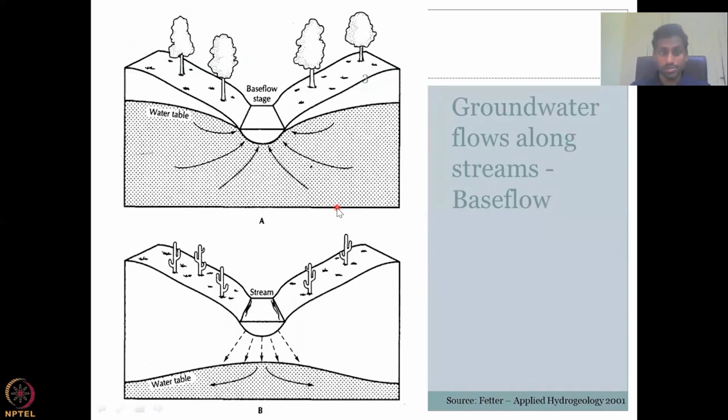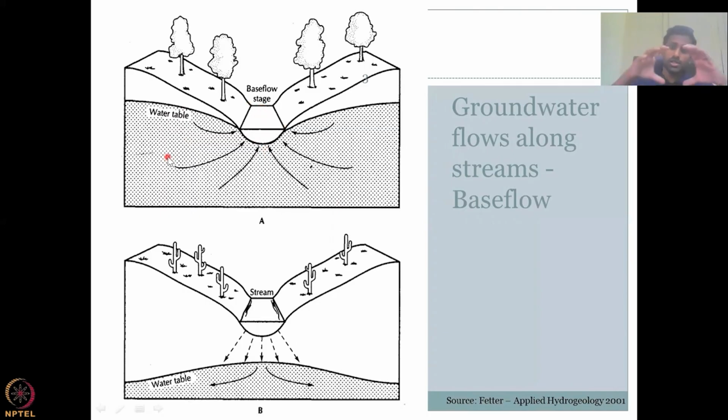Let's look at the base flow concept. This is what I wanted to continue from last lecture. So your water table, which is the height of your groundwater level, has porous media. You see it in dots, and it is not a river. So a river is like this where there's no dots. A stream is like this, and there's no dots. So this is surface water, this is groundwater.